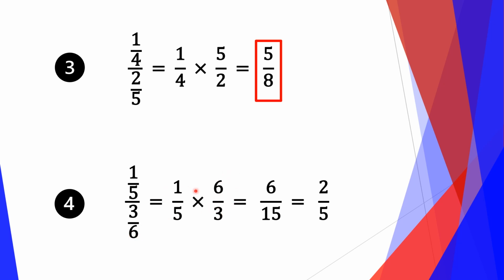Now, we times our numerators first. 1 times 6 is 6. And we times our denominators. 5 times 3 is 15. Now we can cancel 6 and 15. So 6 goes into 3 2 times, and 15 goes into 3 5 times. So our solution is 2 over 5.